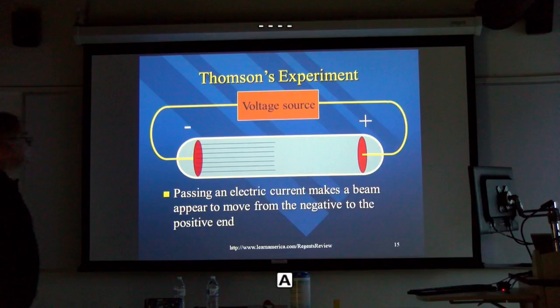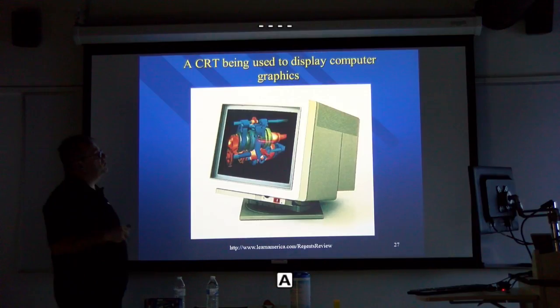The screen on the front of that computer monitor was being struck by these particles. And he was able to control the particles using electrical circuitry, not only with electric fields, but also with magnetic fields, so you could control where the beam would go. So he was kind of like the father of our computer monitor.